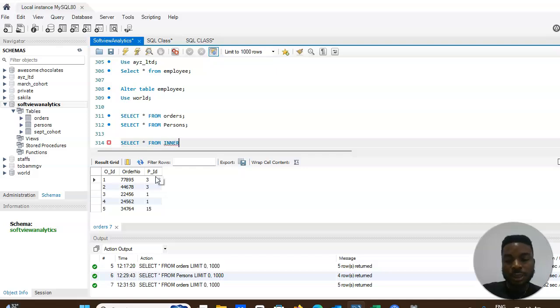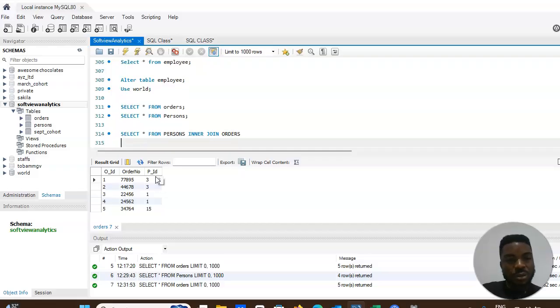So I'm going to say select all from person inner join orders, right? And that's not all. Now you will establish the relationship between them that we have found out to be the PID. So I'll say on, this is the clause that brings out the relationship.